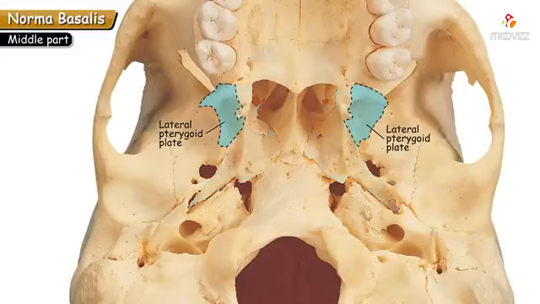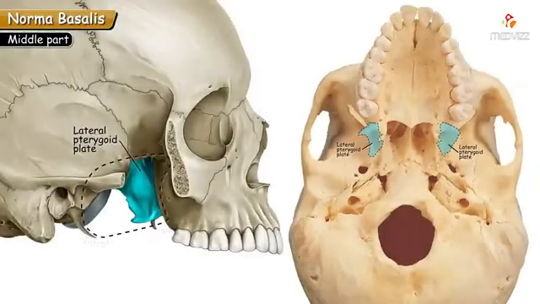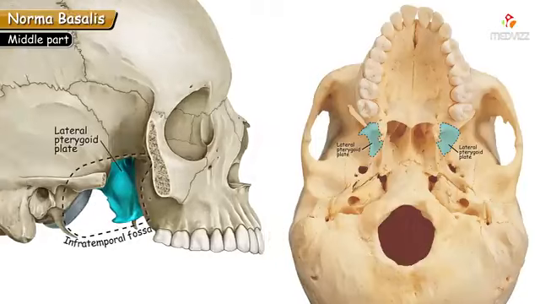The lateral pterygoid plate is quite broad, and it makes a boundary of infratemporal fossa. So it forms the medial wall of infratemporal fossa, which is well appreciated in Norma lateralis.